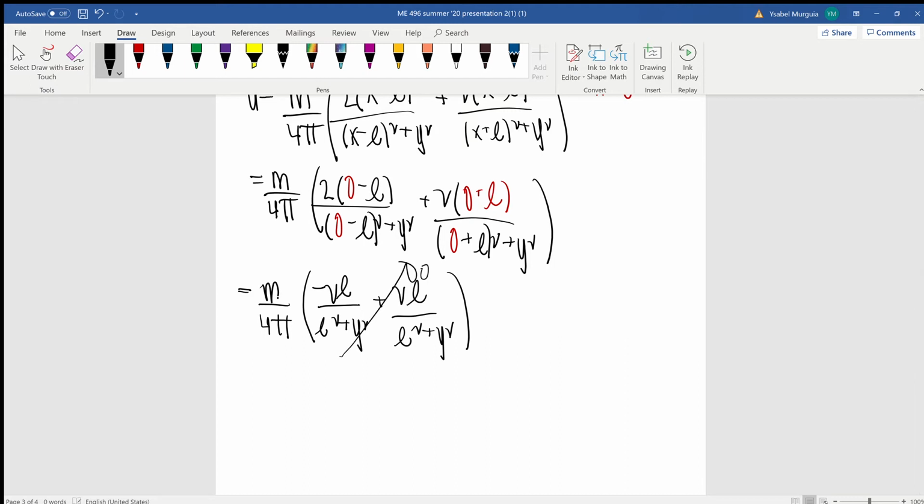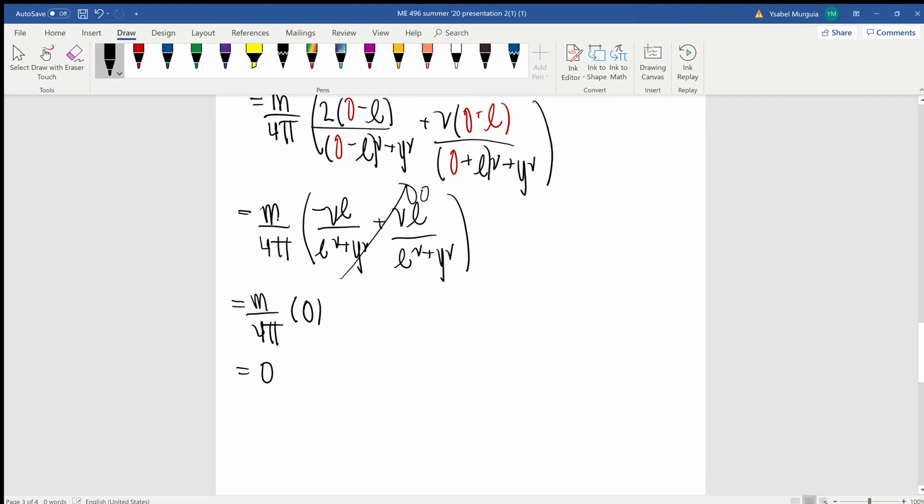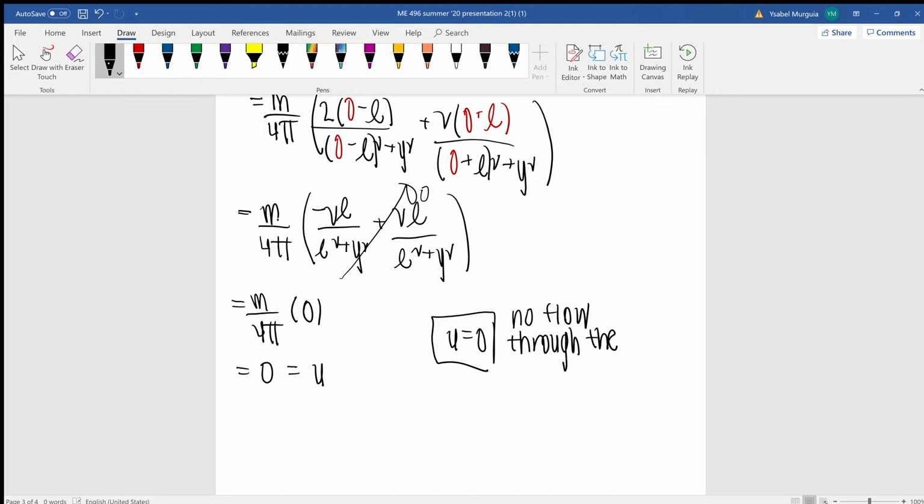This will be 0. So we will get m over 4 pi times 0, which is just 0. And what is 0? We define this to be u, so u is equal to 0, which is what they asked us to prove. So there will be no flow through the wall.